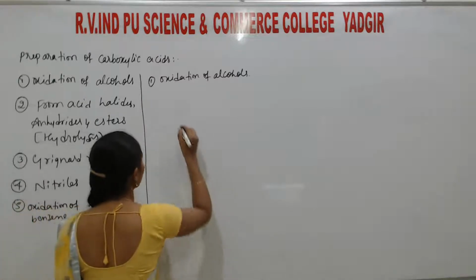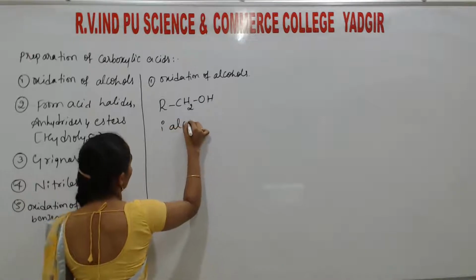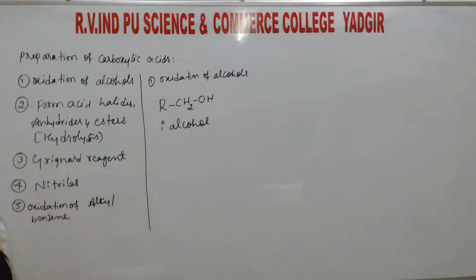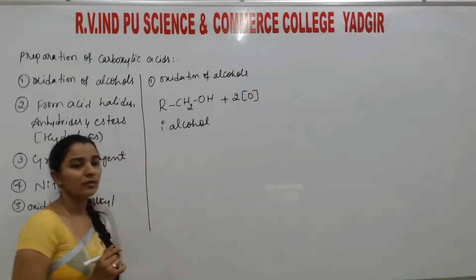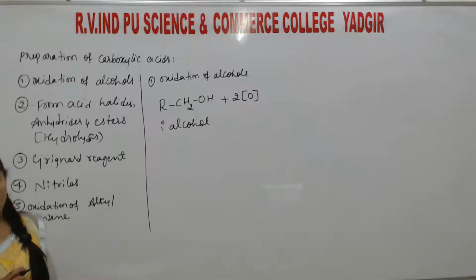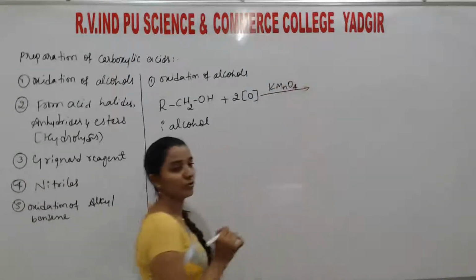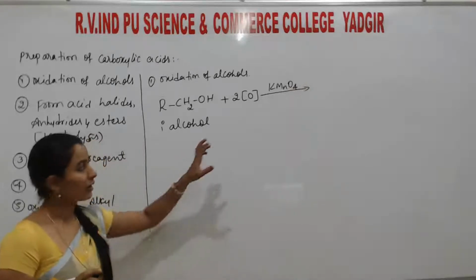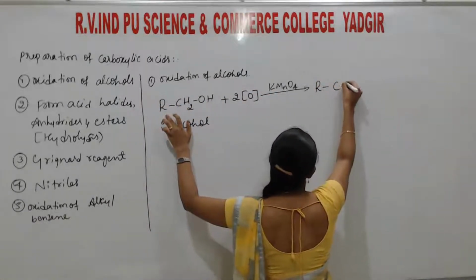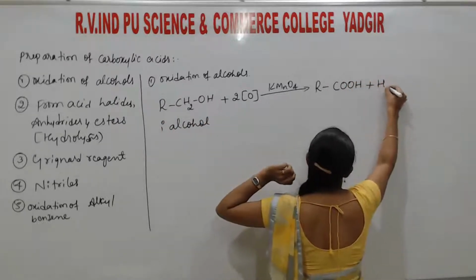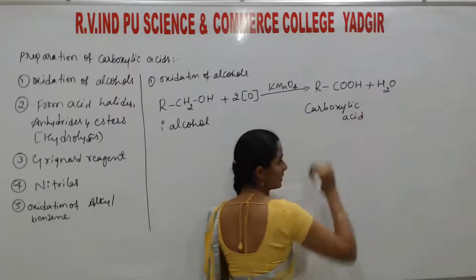So here I will take a primary alcohol, RCH2OH. When this primary alcohol undergoes oxidation in presence of KMnO4, which is the oxidizing agent, they form RCOOH plus H2, which is a carboxylic acid.